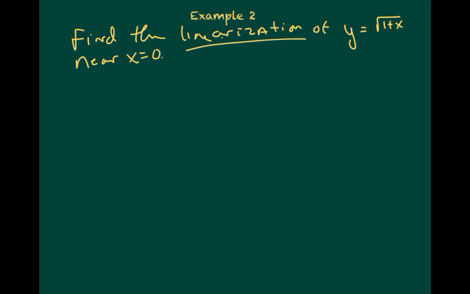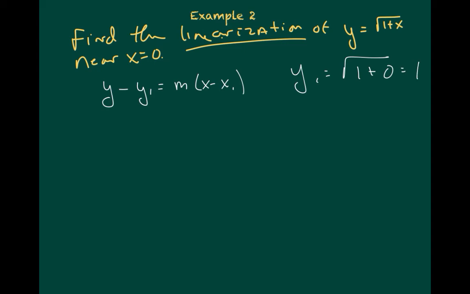Okay, so once again, moving from the familiar to the new, we have y minus y1 equals m times x minus x1. And in this case, our y1 is going to equal the square root of 1 plus 0, which is just 1. x1 is going to equal 0. And to find our slope, m, well, that's just going to be the derivative.